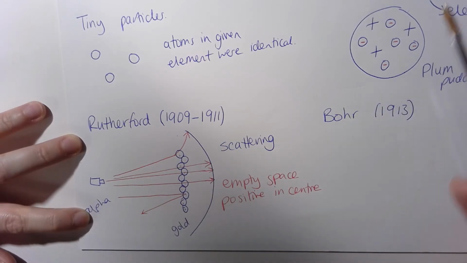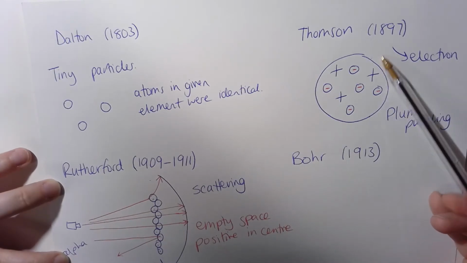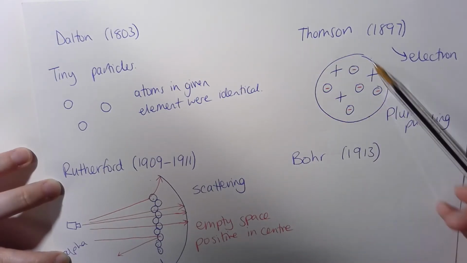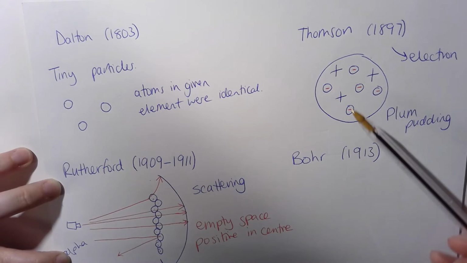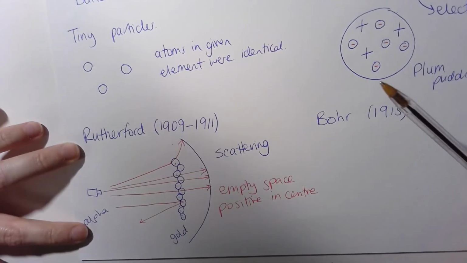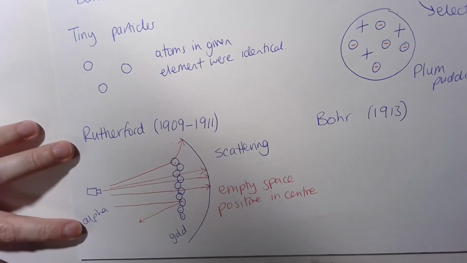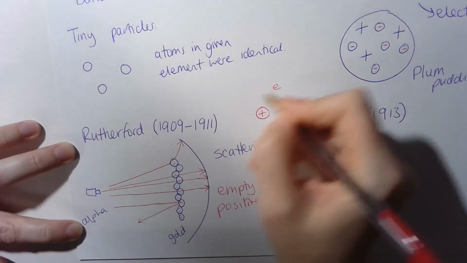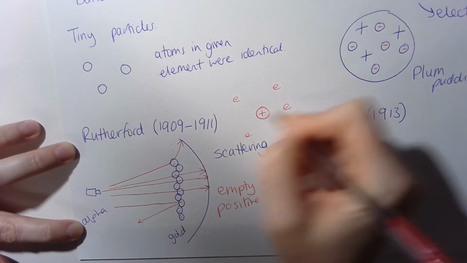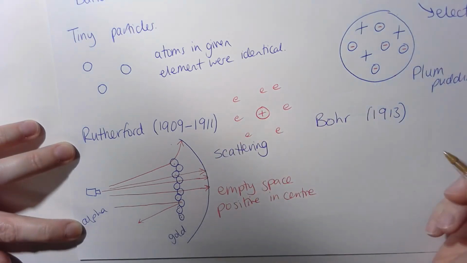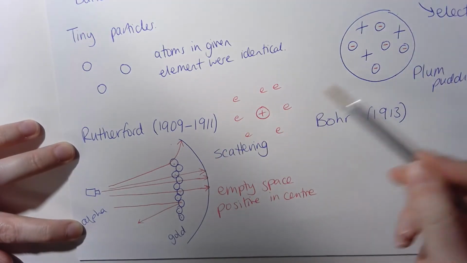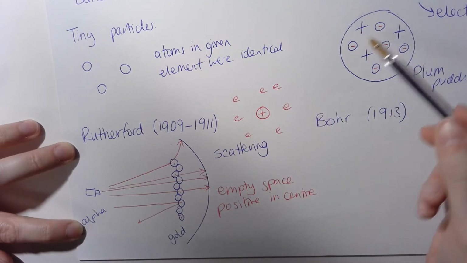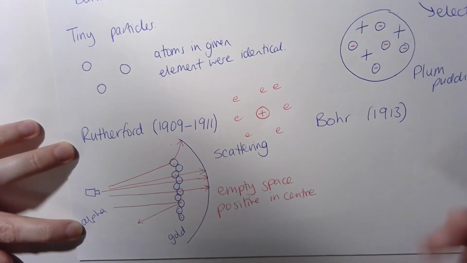So from one model in 1897, Thomson's plum pudding, one solid mass of positive charge with electrons dotted through, we've now got a positive central nucleus with electrons dotted around in no specific place. This is how the model began to change over the next few years.